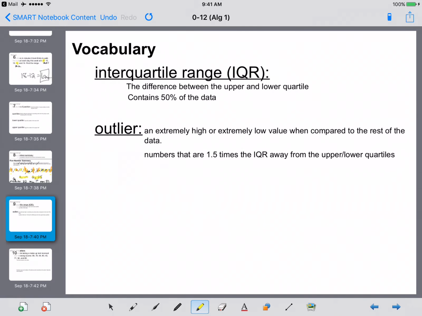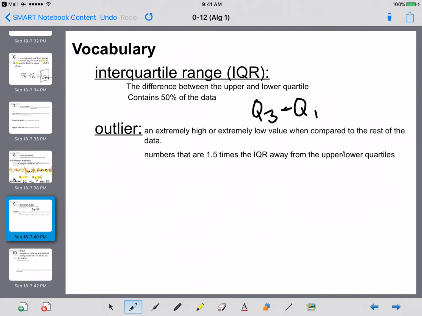Some more vocabulary here for us is the interquartile range, the IQR. That's the difference between the upper and the lower quartile, so quartile 3 minus quartile 1. The interquartile range contains 50% of the data, the middle of the data set. An outlier is an extremely high or an extremely low value when compared to the rest of the data.